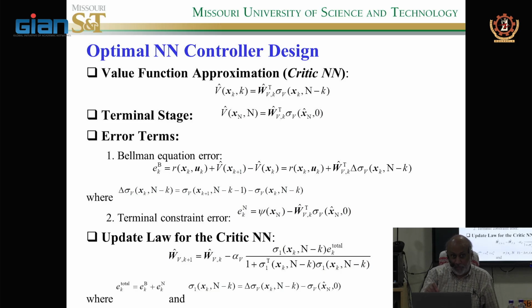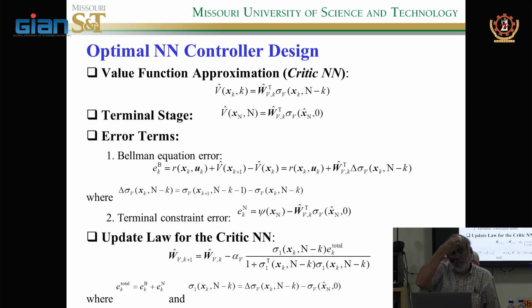Although I'm not showing you the derivation, what did we say? Lyapunov stability. So the book has the proofs. I think you may want to go back and look at it, okay? So all these update laws are basically being derived from the Lyapunov stability.